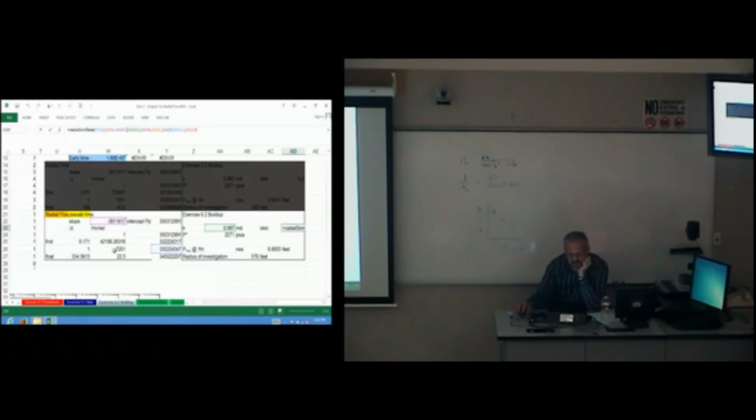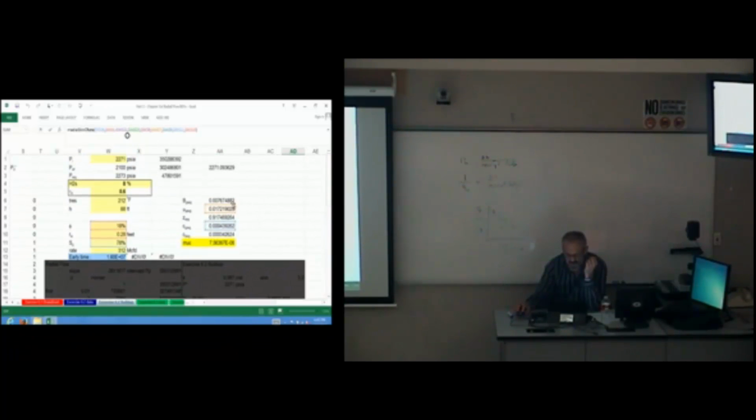That gave me a Horner time of 7201. That's probably my P star, or my pseudo pressure at 1 hour that I need for my skin equation. I need the perm, and I need my slope. And I can see up here that instead of using absolute value, I got a negative sign in front of W22.